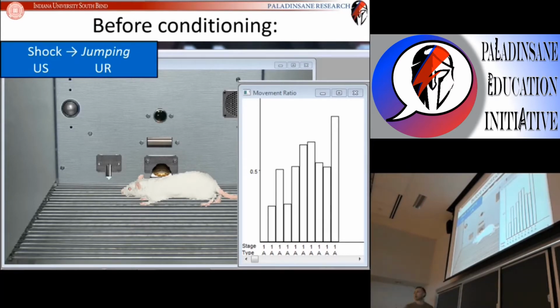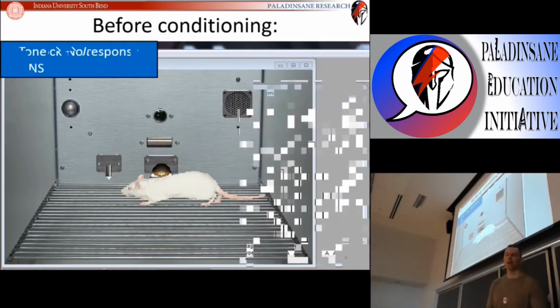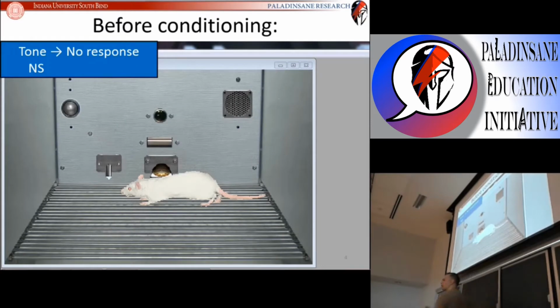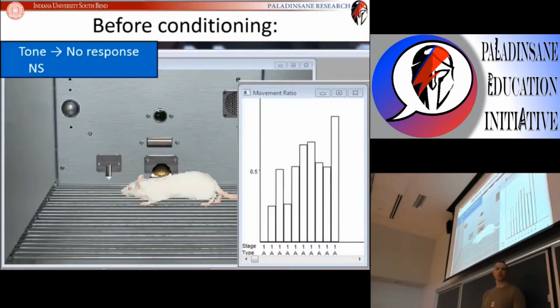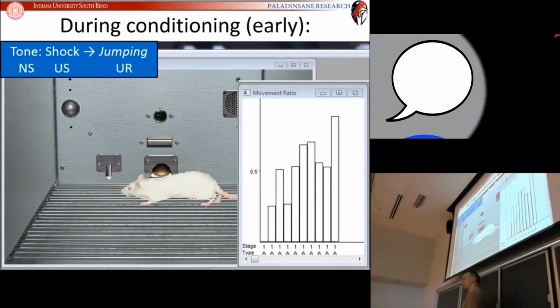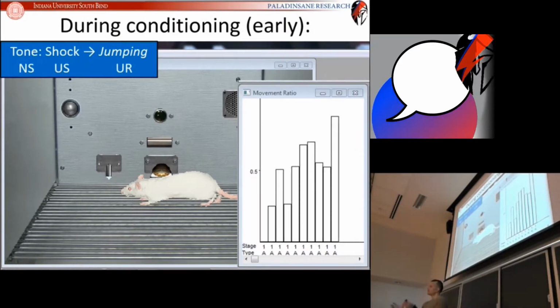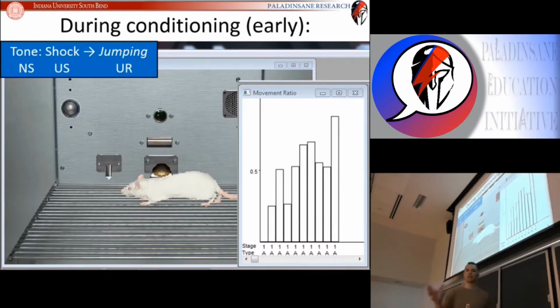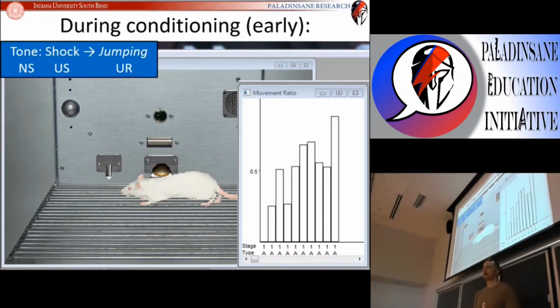That rat would jump to try to avoid the shock. If we play the tone, that would be a neutral stimulus. It would cause no response. So in classical conditioning, what we would do is we would pair that tone with a shock, and the tone would be the neutral stimulus, followed by the shock, the unconditioned stimulus, and that would cause the unconditioned response of jumping.